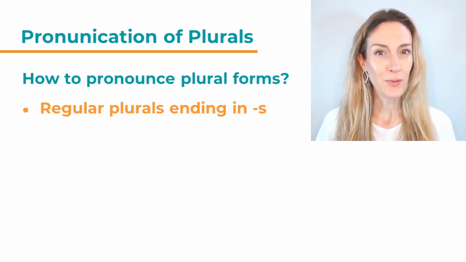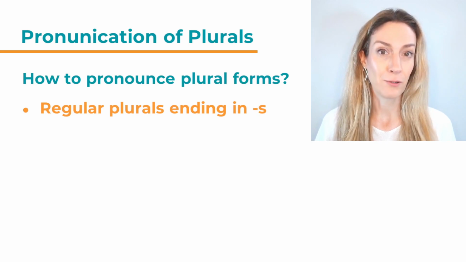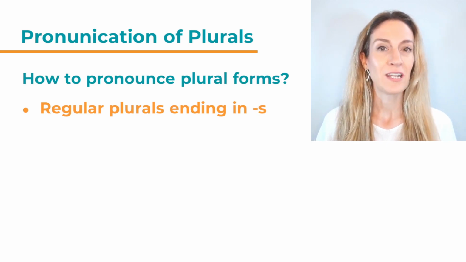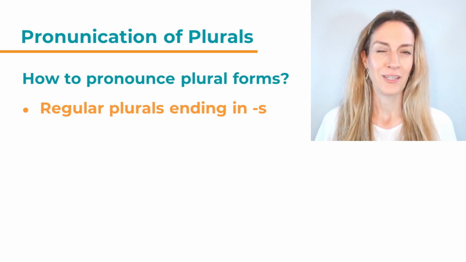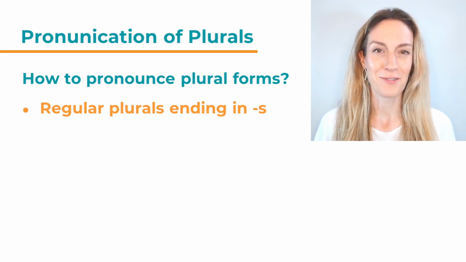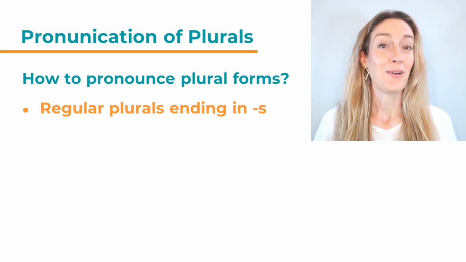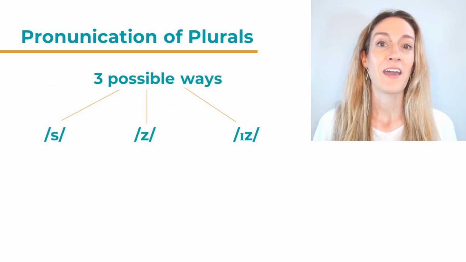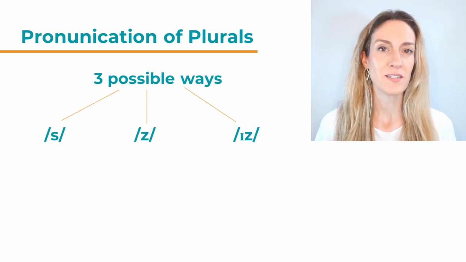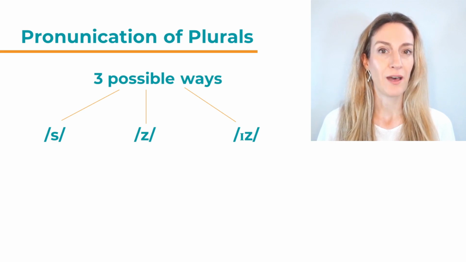Now, we will only look at regular plural nouns, and they usually end with the letter S. We will not look at irregular plurals because they don't usually end in S. They are entirely different words, and so obviously the pronunciation follows very different rules. So let's get started. In general, we can say there are three possible ways to pronounce plural noun endings.